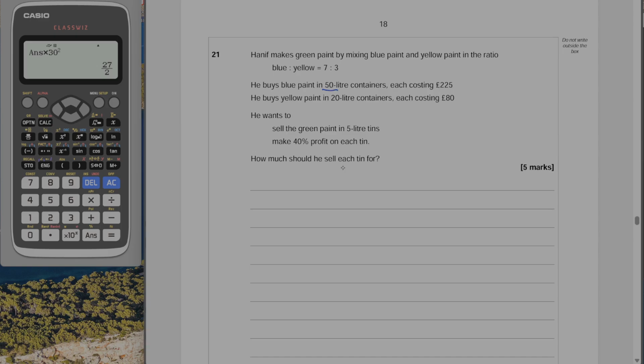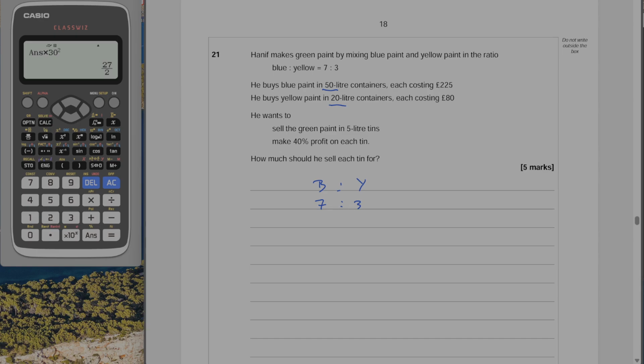Okay, so we've got to assume that he can only buy it in that ratio. So let's look blue to yellow, we've got 7 to 3.